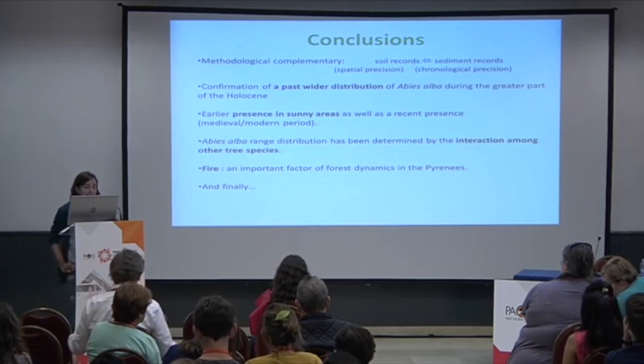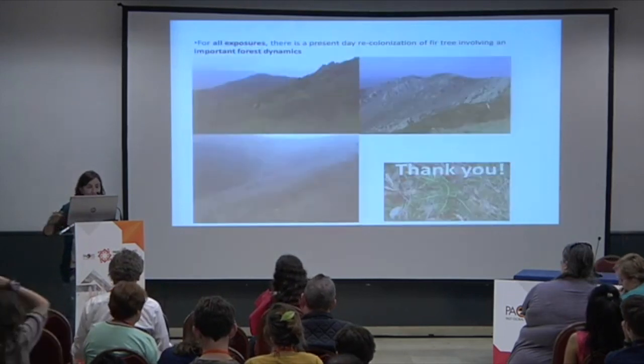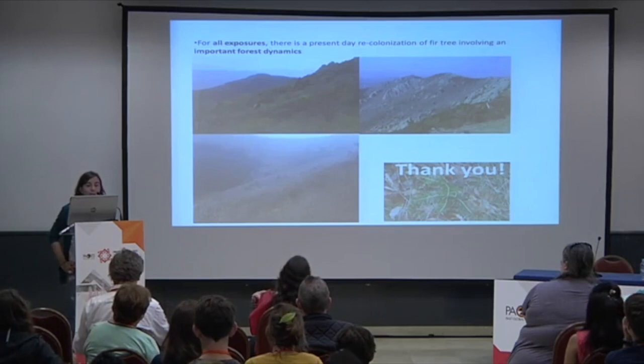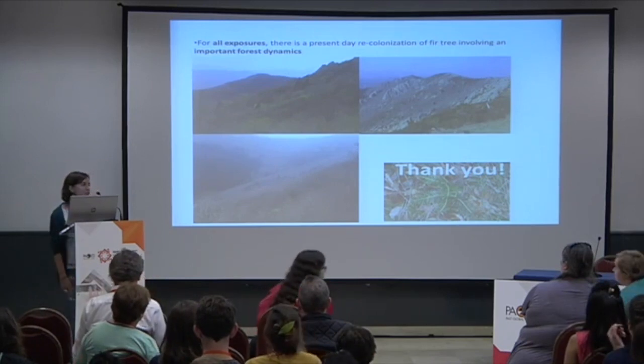And also fire as an important factor of forest dynamics in the Pyrenees. And finally, the present-day recolonization of fir trees involves important forest dynamics for all the exposures. And thank you very much for your attention.